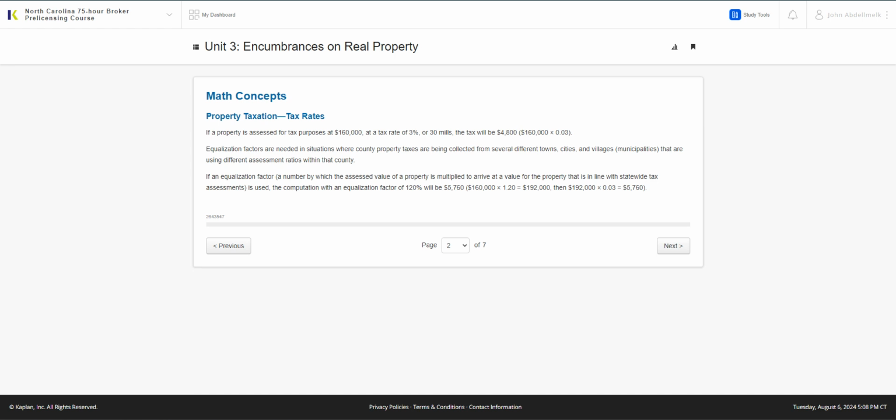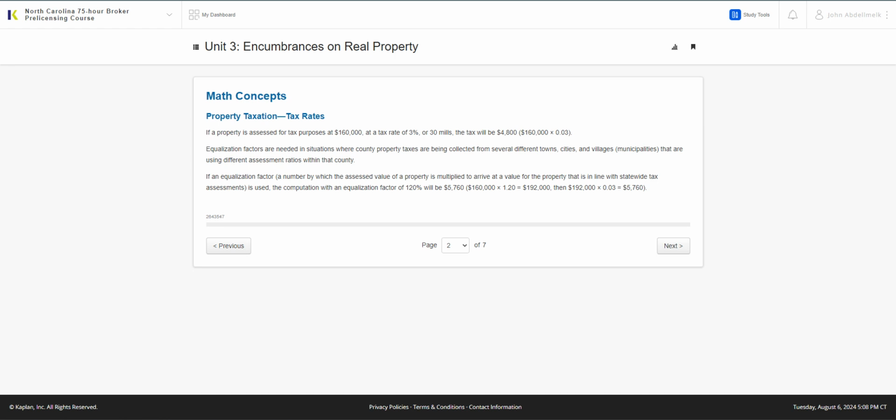Equalization factors are needed in situations where county property taxes are being collected from several different towns that are using different assessment ratios. An equalization factor is a number by which the assessed value of a property is multiplied to arrive at a value that is in line with the statewide tax assessment.